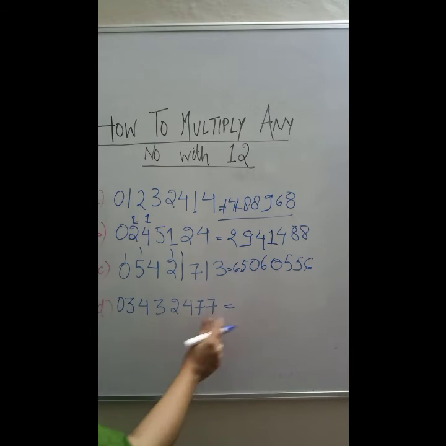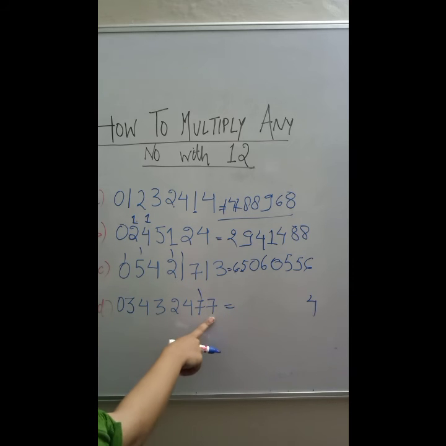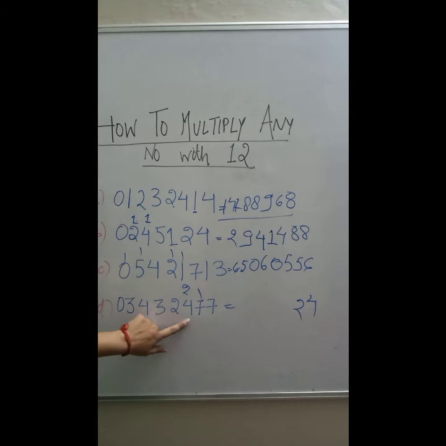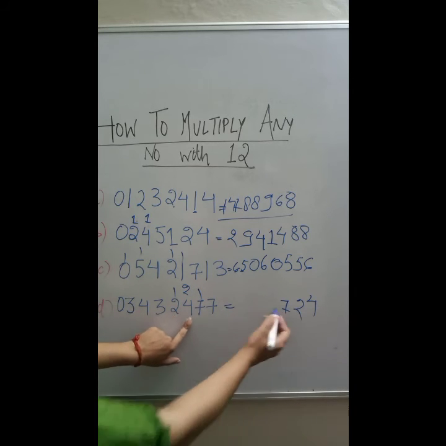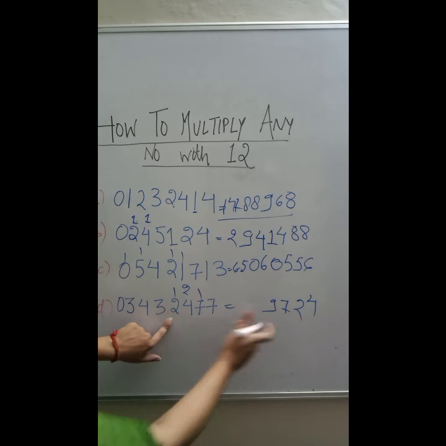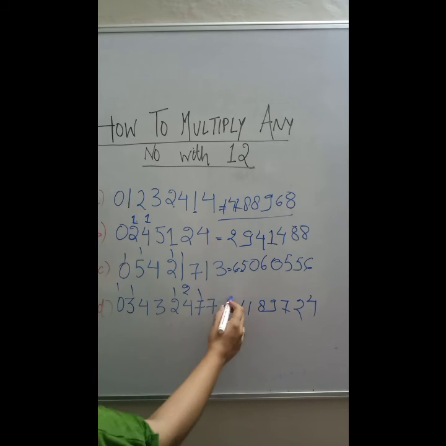Now 7 plus 7, 14, carry 1, 7 plus 7, 14, 14 plus 7, 21 plus 1, 22. Now 4 plus 4, 8, 8 plus 7, 15, 16, 17. 2 plus 2, 4, 4 plus 4, 8 plus 1, 9, 3 plus 3, 6, 7, 8, 4 plus 4, 8 plus 3, 11, 3 plus 3, 6 plus 4, 10, 11, and it goes to 4. As easy as that.